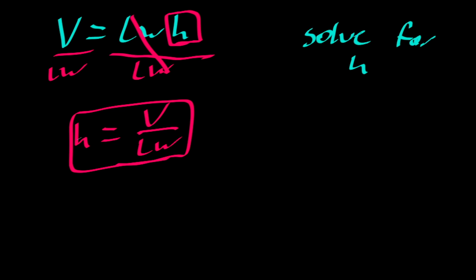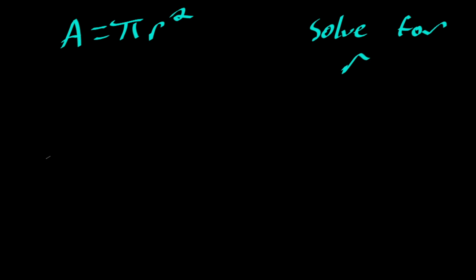We can even go a little bit further. We can do several examples. What if I say A equals pi r squared, and I want to solve for r. Once again, what's happening between pi and r? Well, it's multiplication.